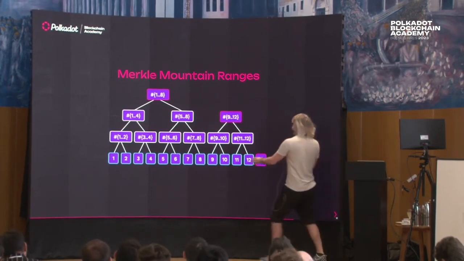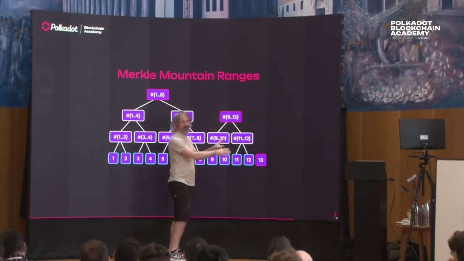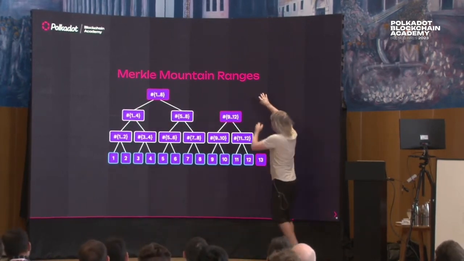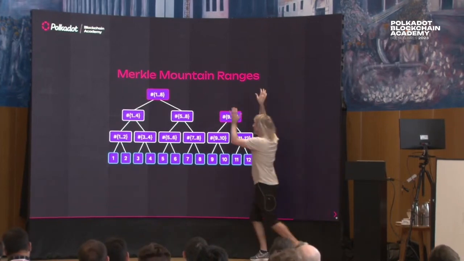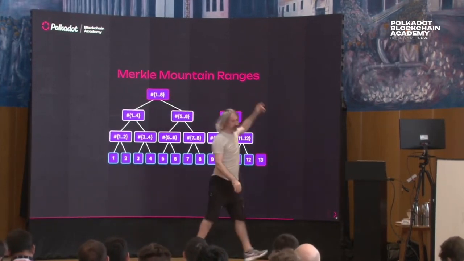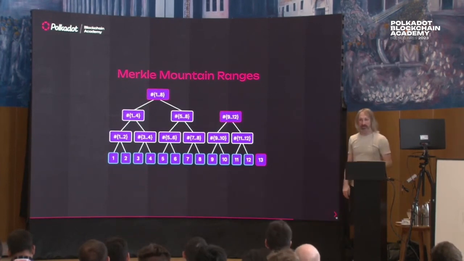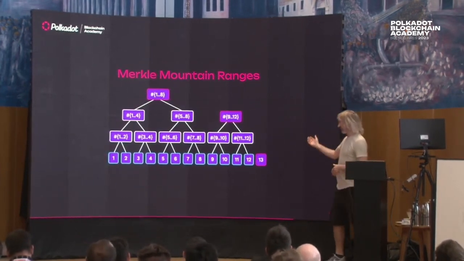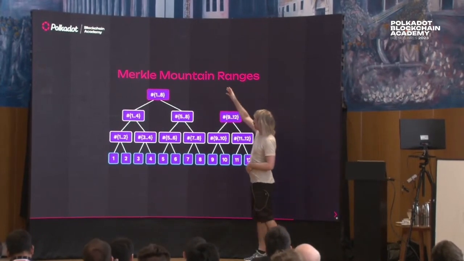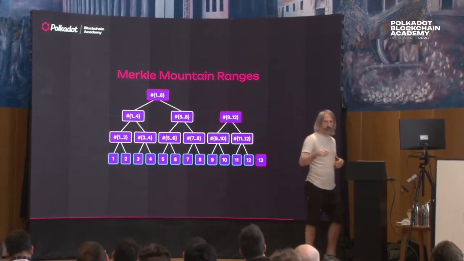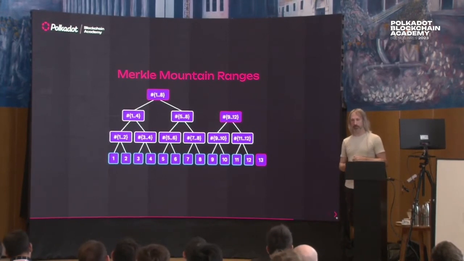And then we've got 2 4 item trees on the end, so these will become a new 8 item tree. Now we have 2 8 item trees on the end, so they'll become 1 big 16 item tree. And as I mentioned before, 16 is a power of 2, so we will end up with just 1 tree in our mountain range.